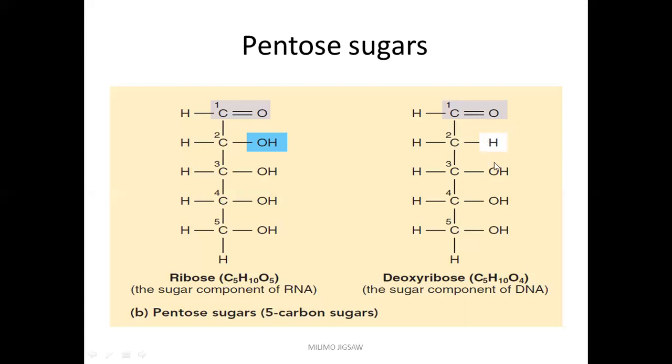So one of the molecules that does not follow the general molecular formula or empirical formula for carbohydrate is deoxyribose sugar. So it does not follow the formula of CH2O as we have seen.